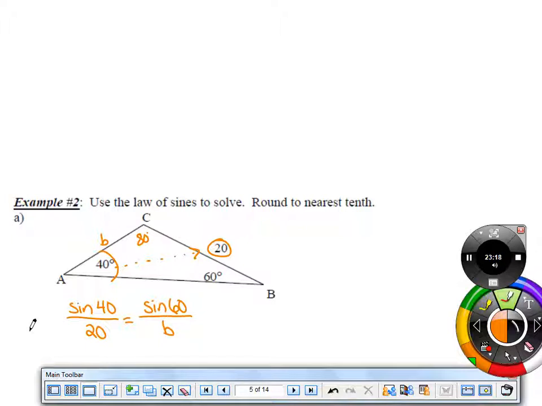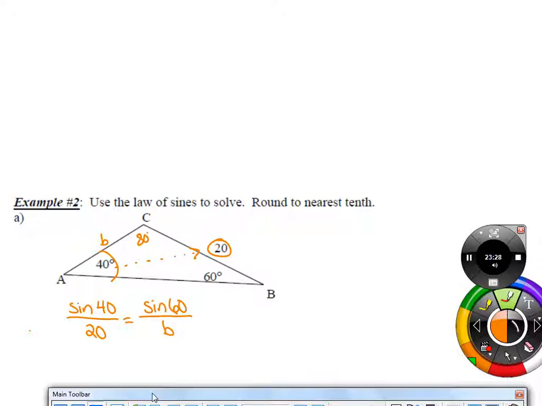Okay? Now, can I solve this? Okay, we should be able to. It only has one variable. It's a proportion, so we can just cross multiply. So B times the sine of 40 equals 20 times the sine of 60. And then I would divide both sides by the sine of 40.